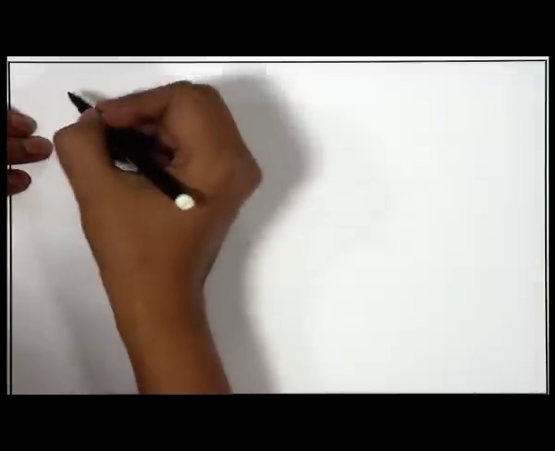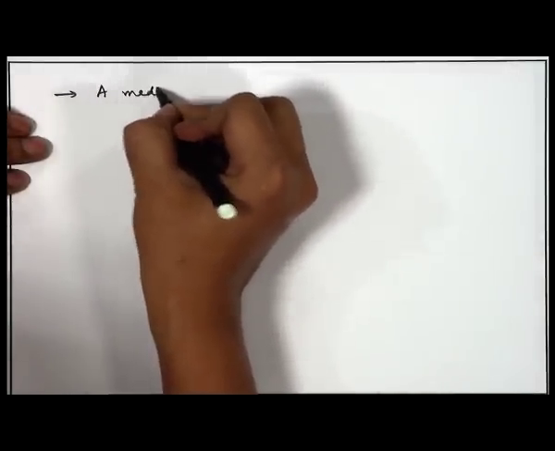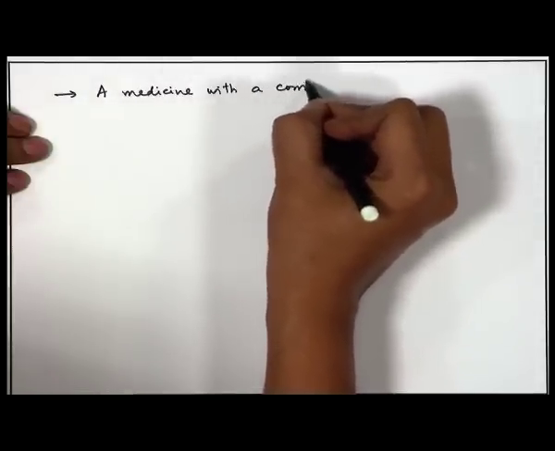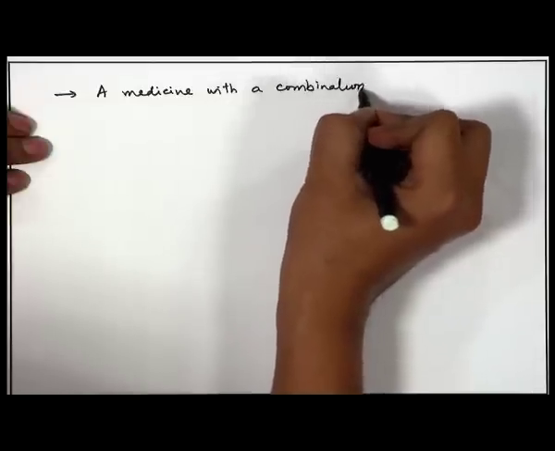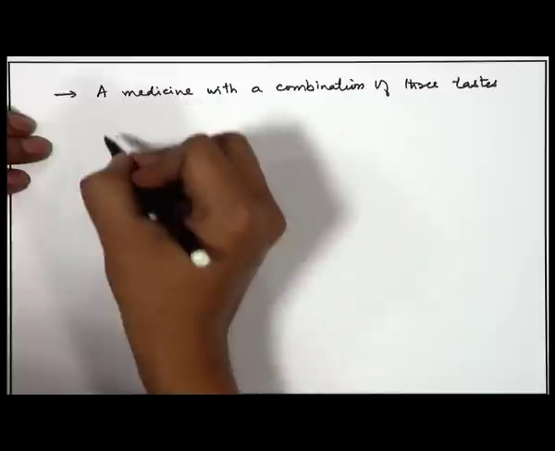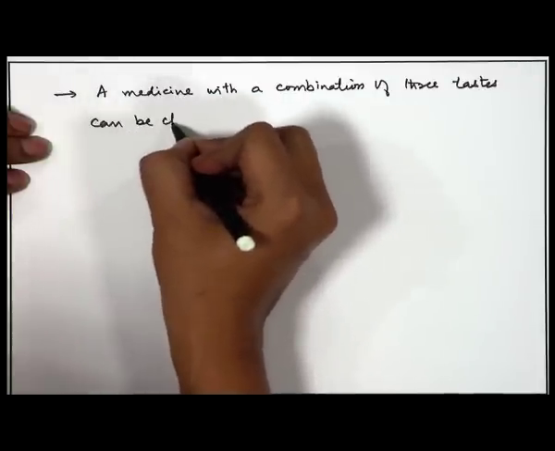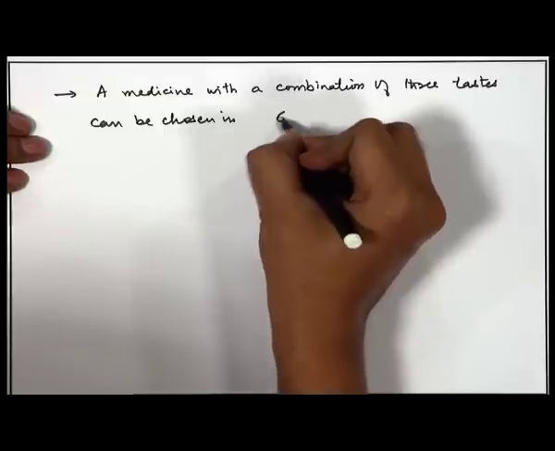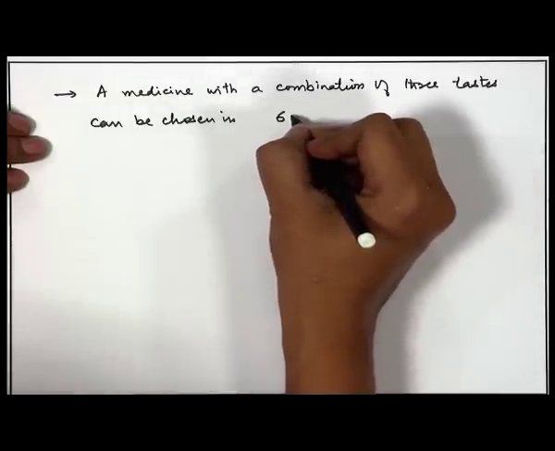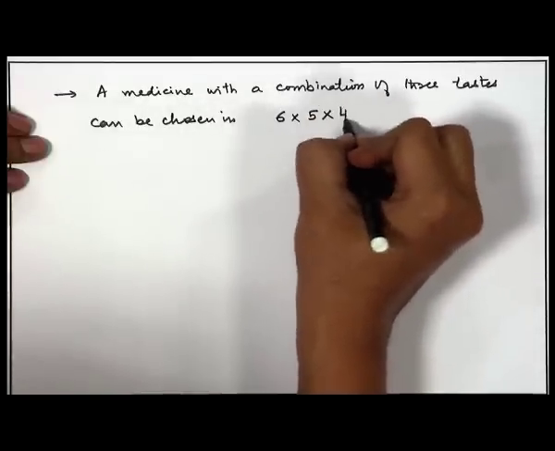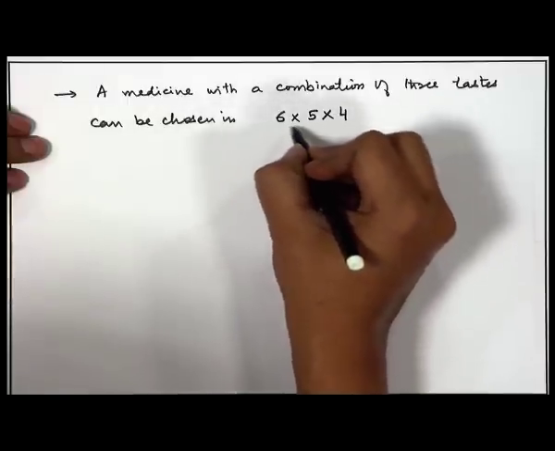Similarly, if we consider a medicine with a combination of 3 tastes, then that can be chosen, now again let us look at this, 6 ways for choosing the first one, 5 ways of choosing the second one, and 4 ways of choosing the third one.